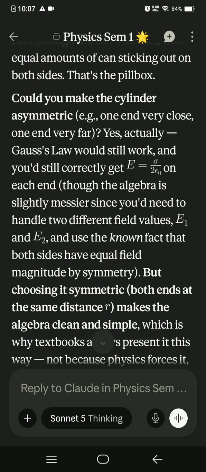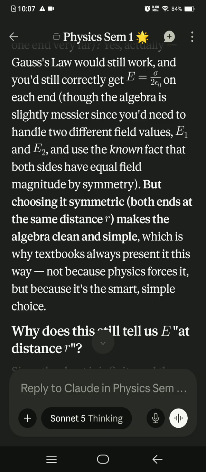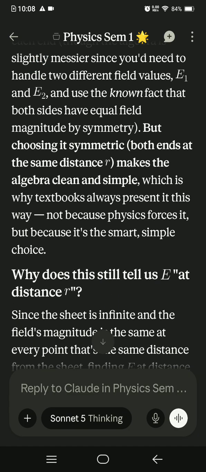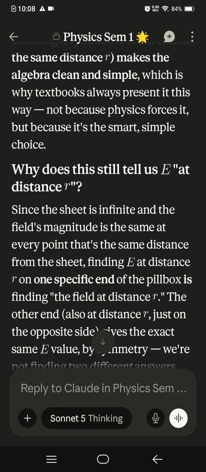It's slightly messier since you'd need to handle two different field values, E1 and E2, and use the known fact that both sides have equal field magnitude by symmetry. But choosing it symmetric makes the algebra clean and simple, which is why textbooks always present it this way, not because physics forces it, but because it's a smart and simple choice.